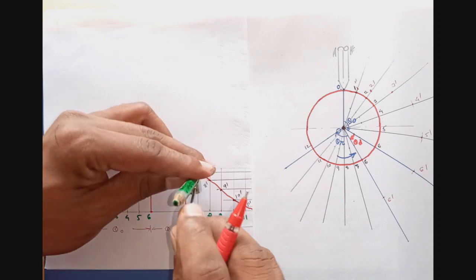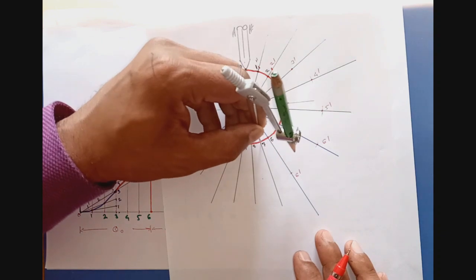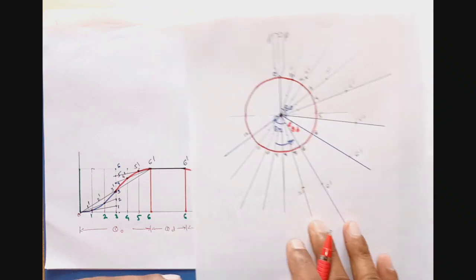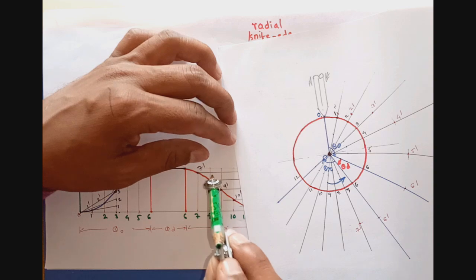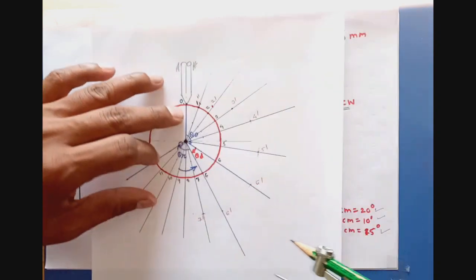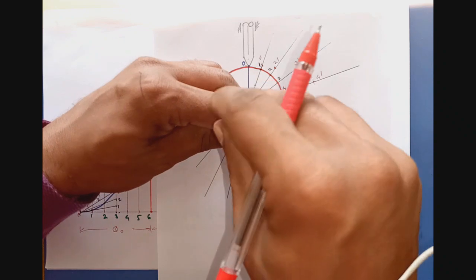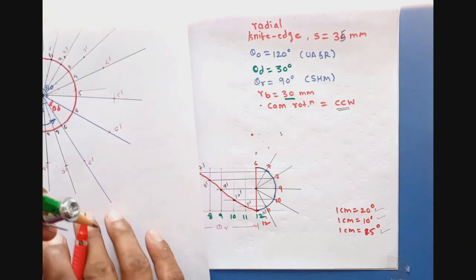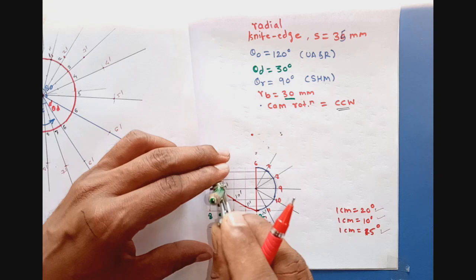Next, 7 to 7 dash is the displacement of the follower at this instance. Now 8 to 8 dash, displacement at this instance. 9 to 9 dash, we will plot all the displacements from the displacement diagram.